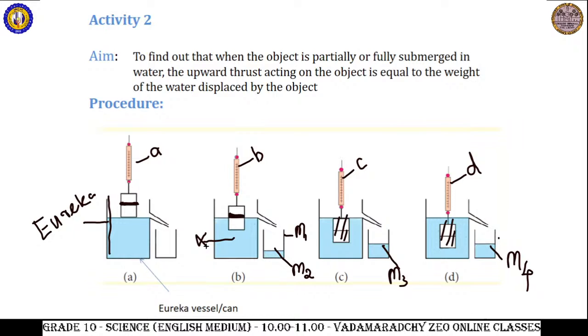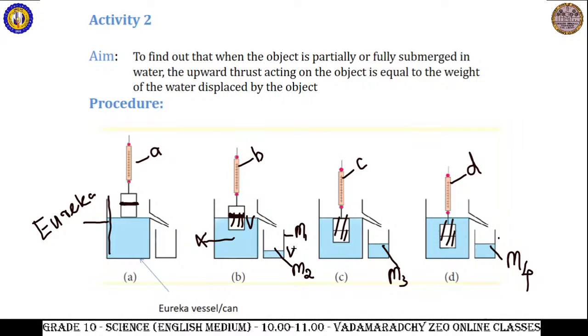According to this fact, when we immerse a part of the metal cube, some water will be displaced. The volume of displaced water is equal to the volume of the immersed part of the metal cube, since liquids can't be compressed.